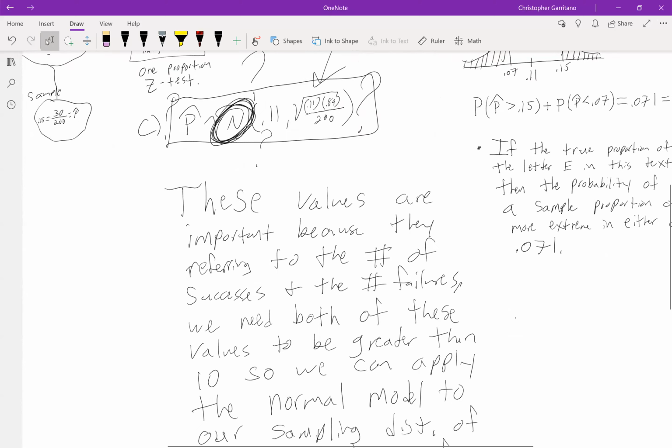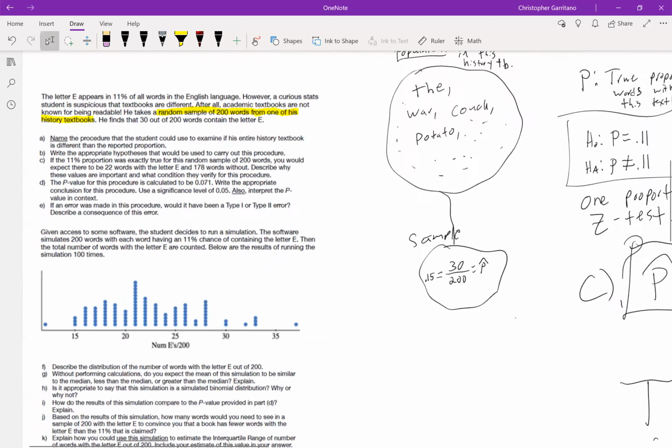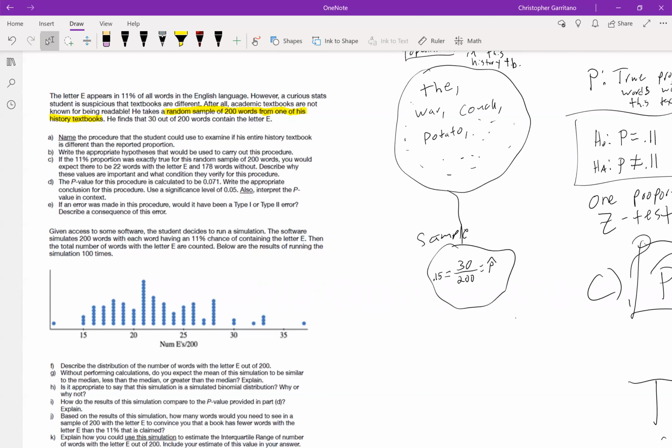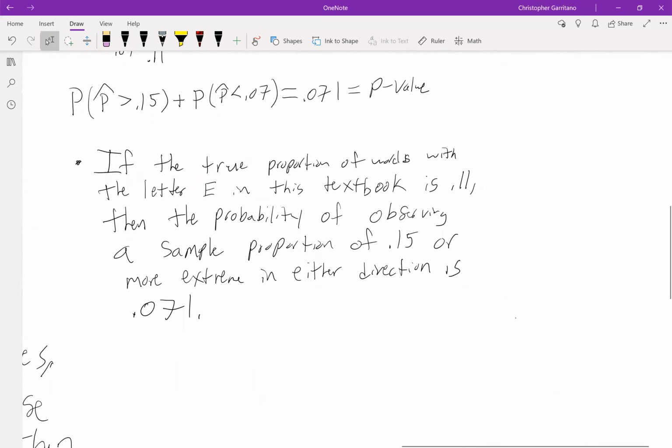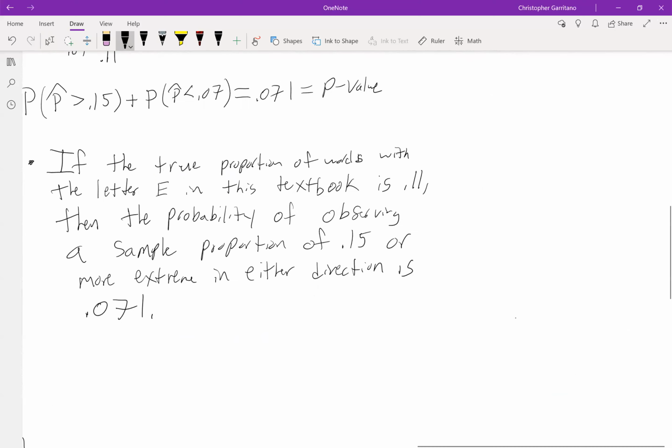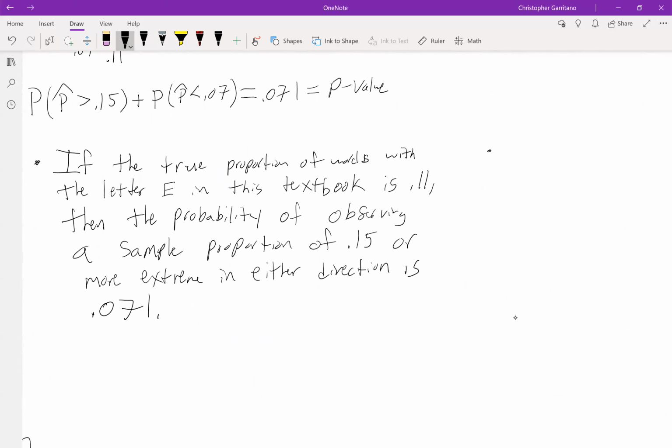Did they ask us to make a decision? Oh yeah, and we also have to write an appropriate conclusion for the hypotheses. So this is my interpretation of P. The decision that I would make is the following. Since 0.071 is greater than our alpha value of 0.05, we would fail to reject H null.